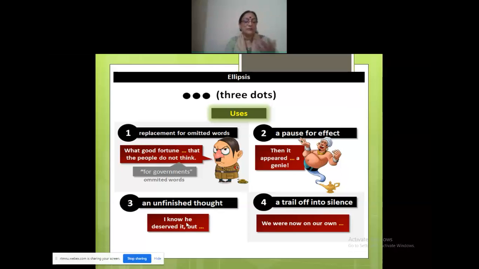So many times in conversations we say, I know that you are going to make it, but... so unfinished thought, trailing off. Sometimes you just trail off into silence. We were now on our own. So there's so much which is not said. This is where the 3 dots, ellipsis, are used.